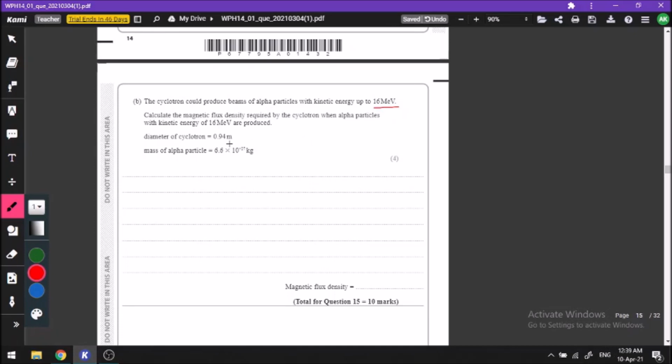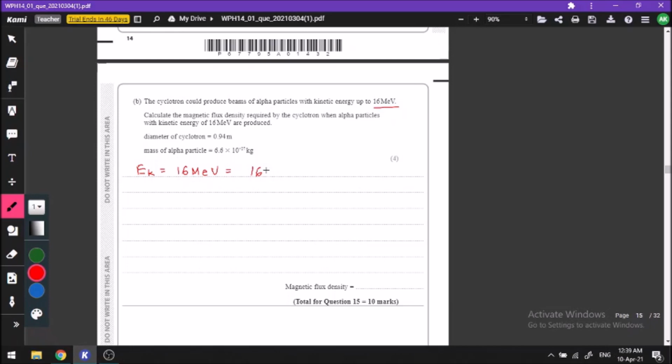First of all, you have to calculate how much kinetic energy is given to those alpha particles. Here it is given as 16 mega electron volt, so you have to convert it to joule. The kinetic energy is equal to 16 mega electron volt. How do you convert this mega electron volt to joule?